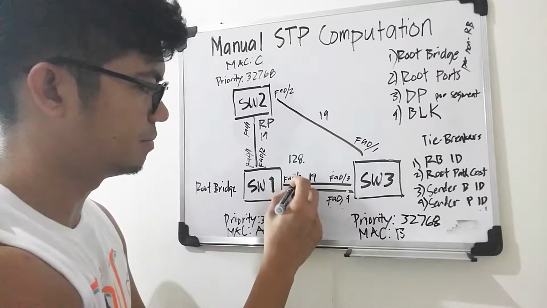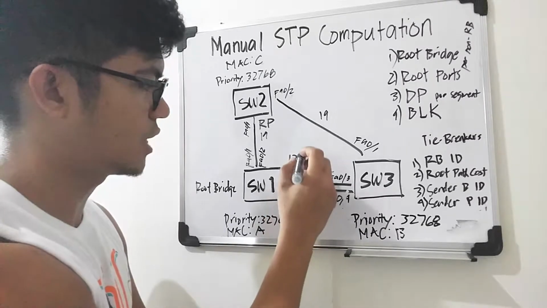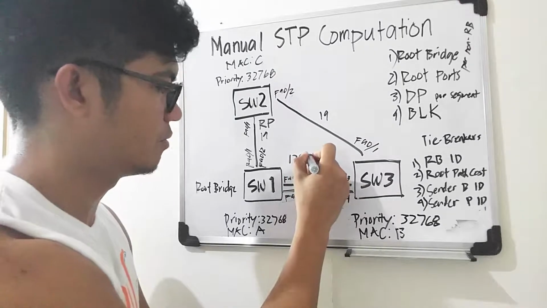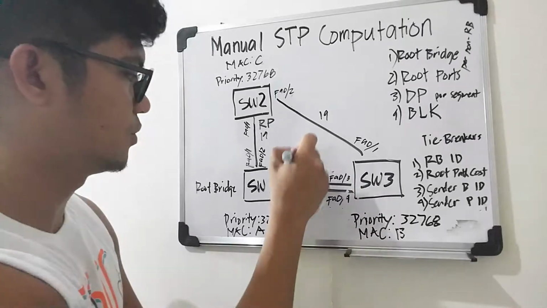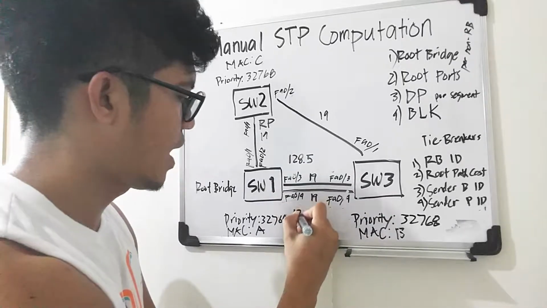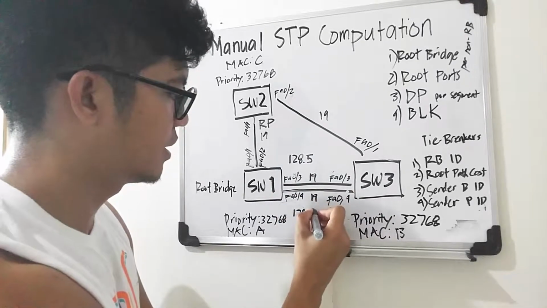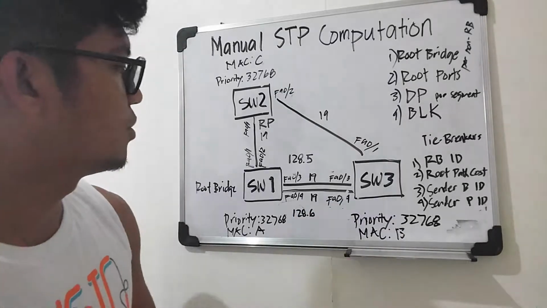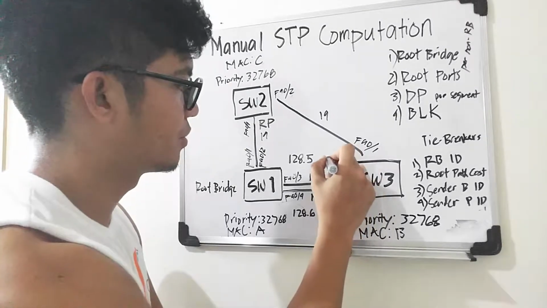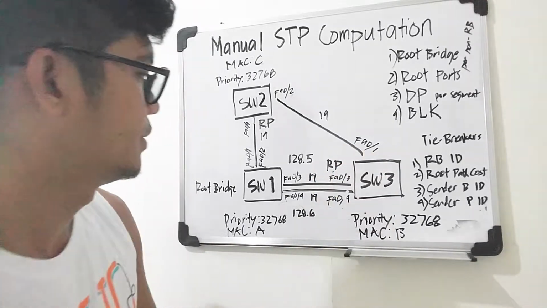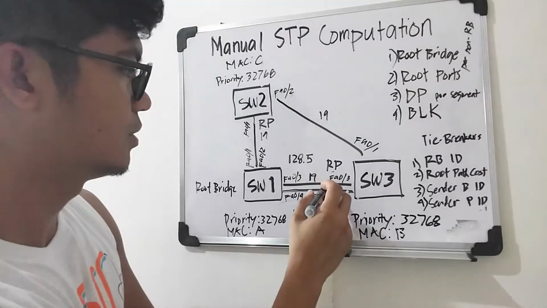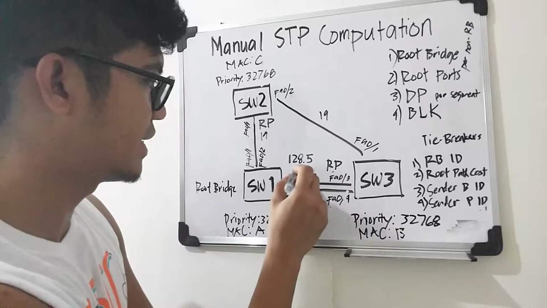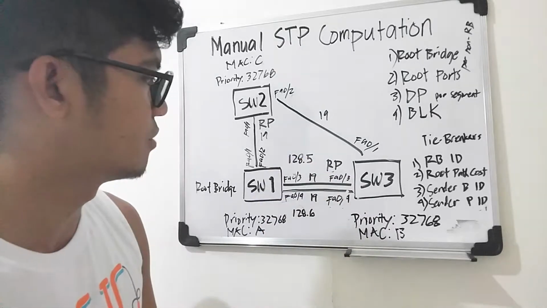For example, for this port we just have to add 2, so it's going to be 128 plus 5, plus 2. And this one should have 128 plus 6. So this would be our root port, because it has the lower sender port ID, which is that value.